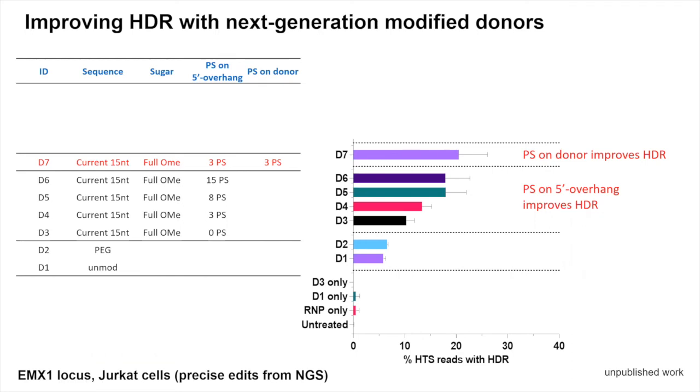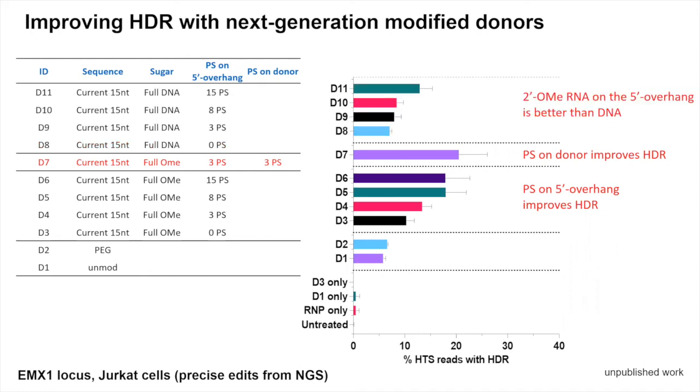If we add phosphorothioate on the donor itself, so the PCR primer essentially, that also further improves HDR. And if we try to make that landing pad out of DNA, that decreases its activity. So 2'-methyl RNA is better than DNA, suggesting that sugar modification is also important.